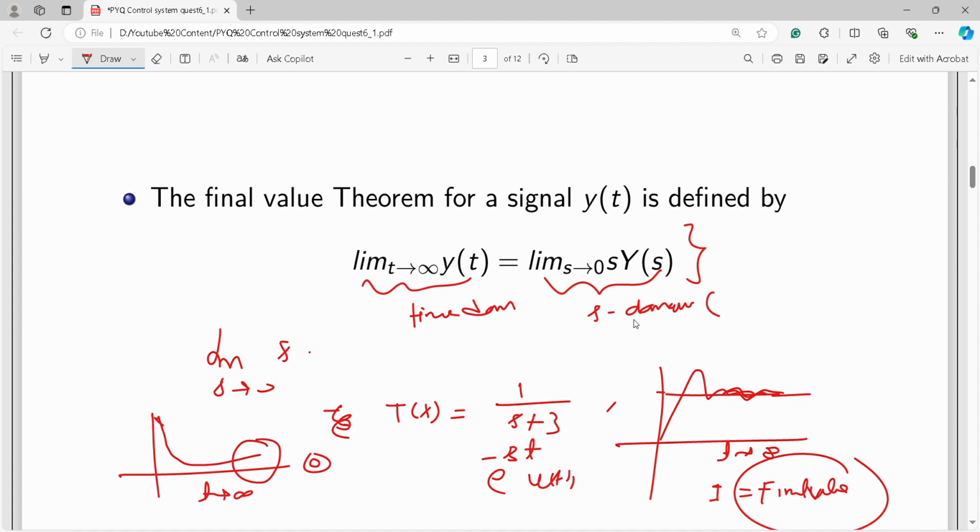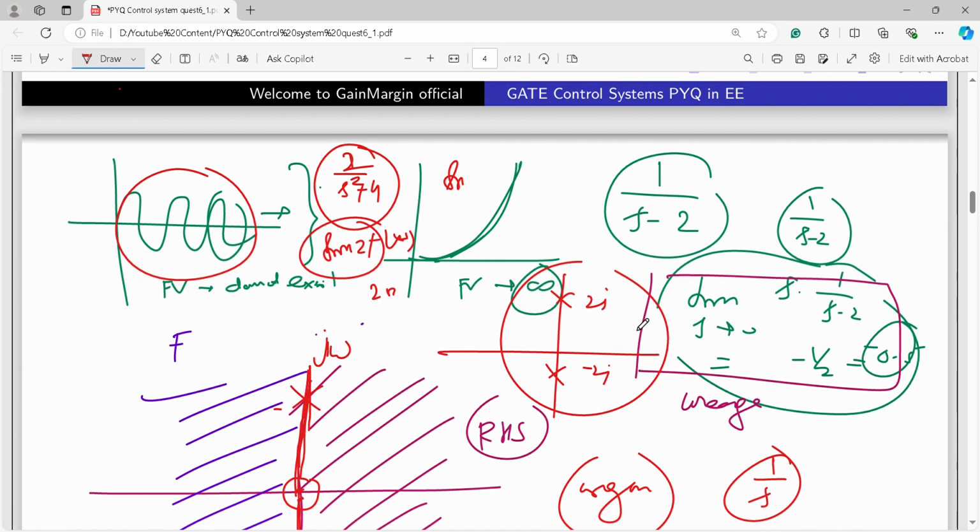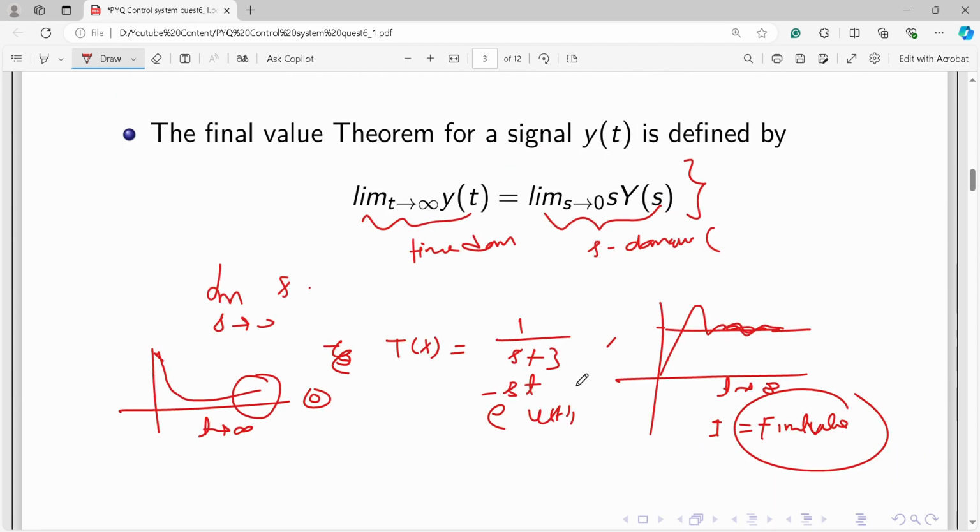Clearly the system is unstable, and at that time we cannot apply the final value theorem, because as I already explained, here 1 by s minus 2 is an unstable system, but if you apply the final value theorem, it shows minus 0.5. The system is not stable at all, it's going to diverge, but if you apply the final value theorem, it shows that the value is minus 0.5, so this is not correct actually. Okay, so this thing should be understood here.